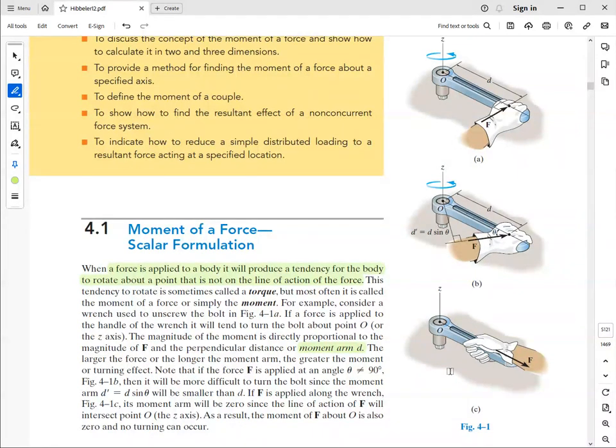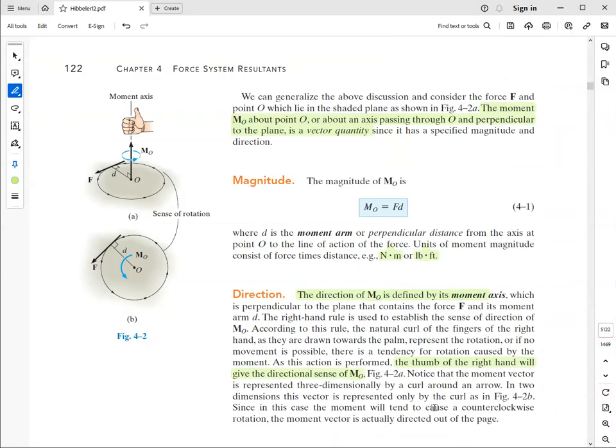Okay, so we have moment of a force, sometimes torque, but moment is used with the more general meaning. And we're going to define the moment magnitude as the product between the force and the distance from the point or from the axis of rotation to the line of action of the force.